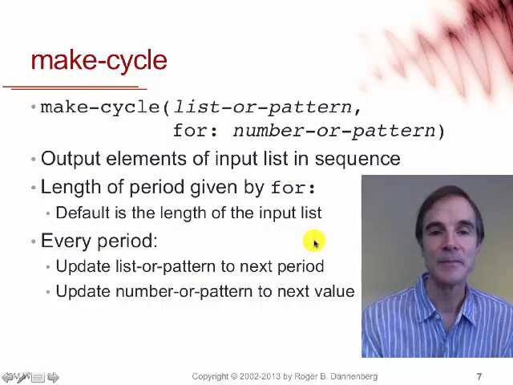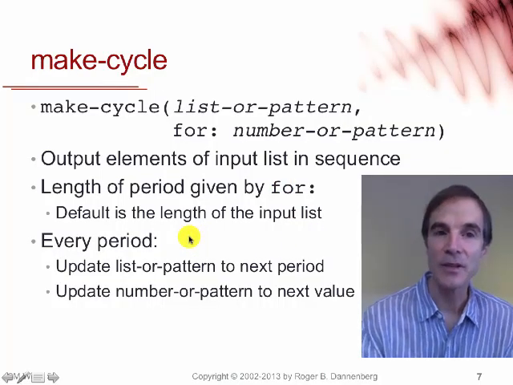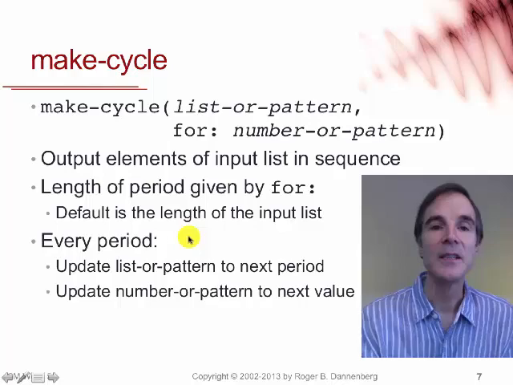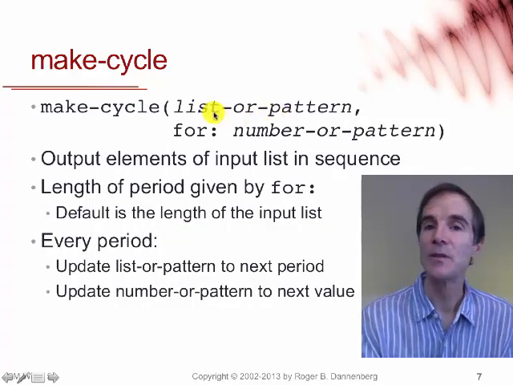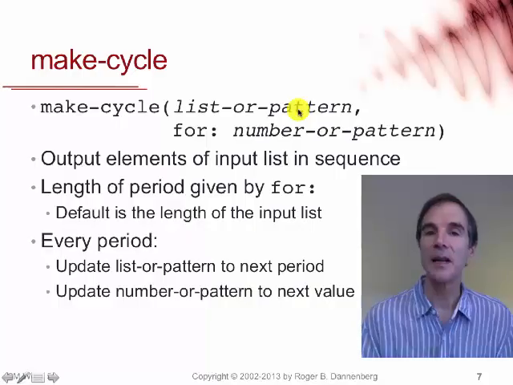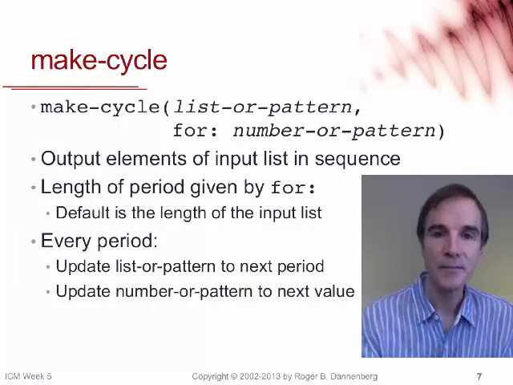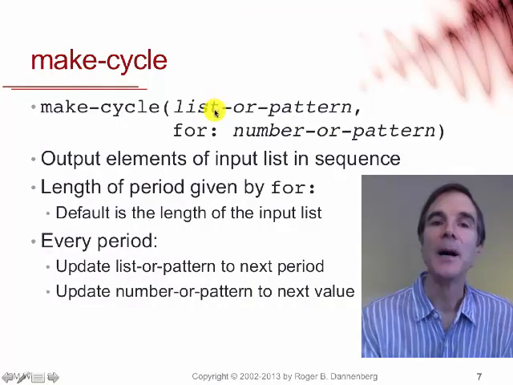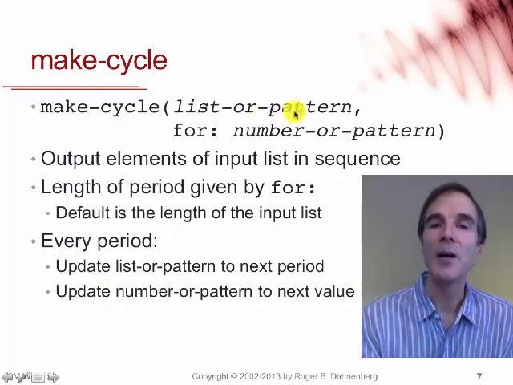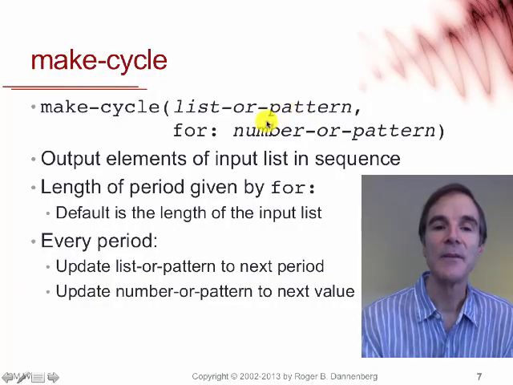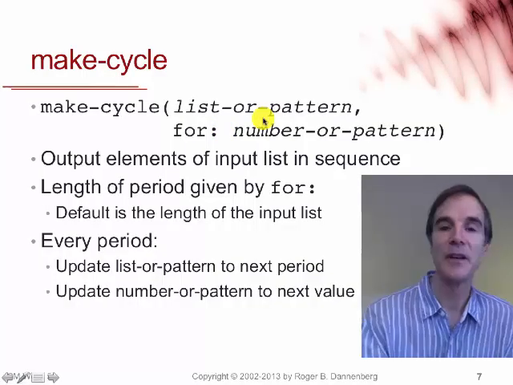And so the definition of make cycle is that every period you update the list, which might involve actually calling a pattern and getting a period, and then you output from that list for one period, and then go to the next value.